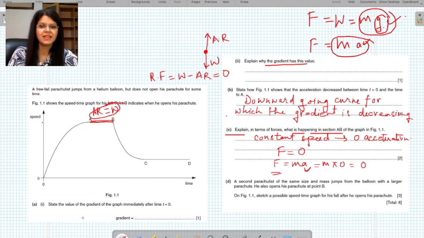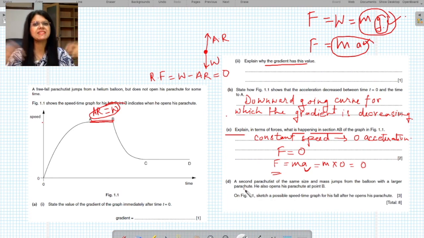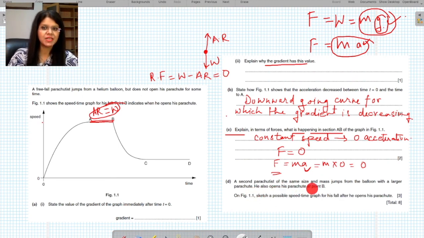Right? Now the D part, a second parachutist of the same size and mass jumped from the balloon with a larger parachute. Larger parachute means larger surface area, so therefore higher air resistance. He also opens his parachute at the same point B. Sketch a possible speed time graph for his fall after he opens his parachute.